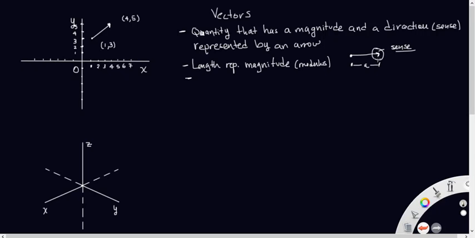So we have, for example, speed, and we can say that we have a speed of 40 meters per second. So 40 meters is considered a scalar because it is a quantity that represents a magnitude, but there is no direction or sense in this number.